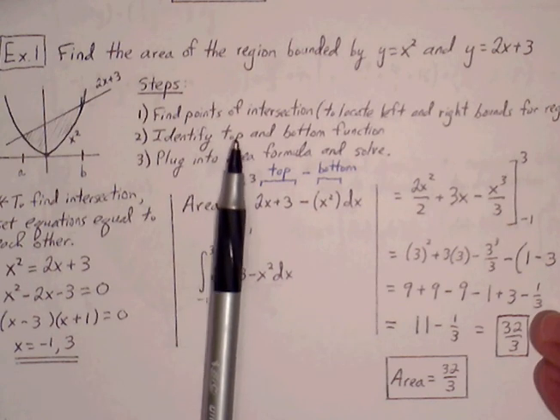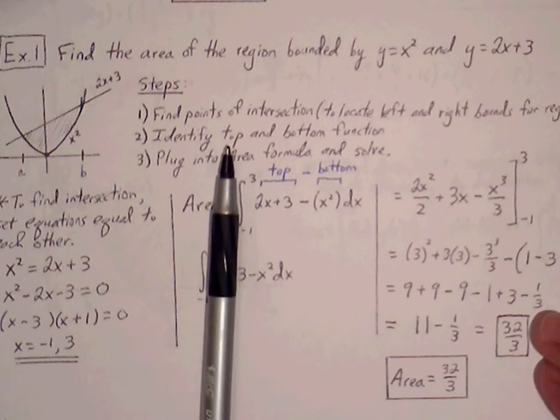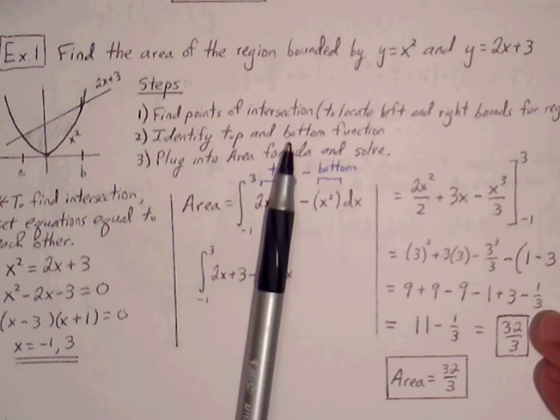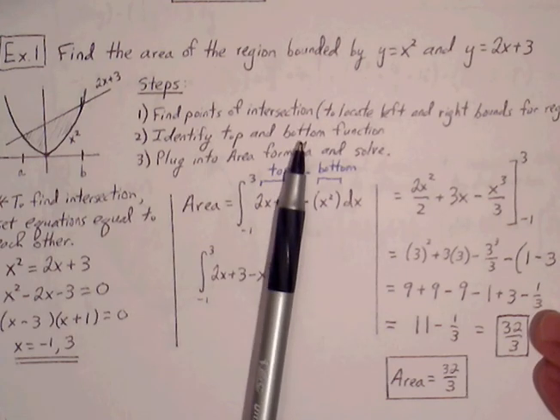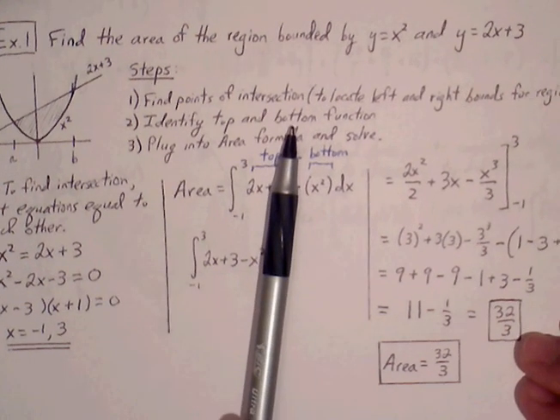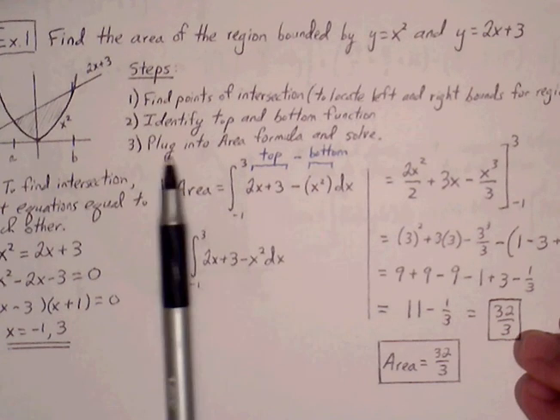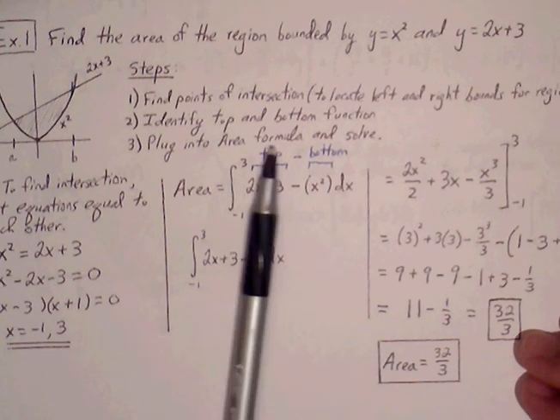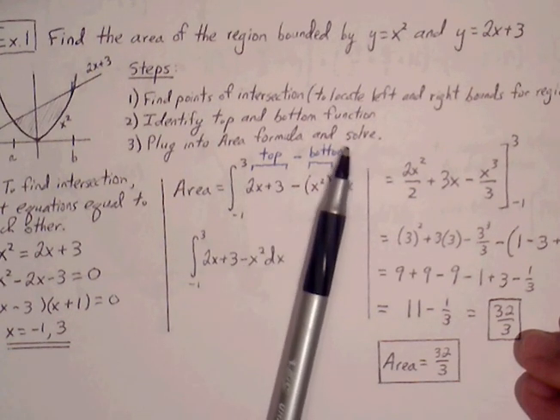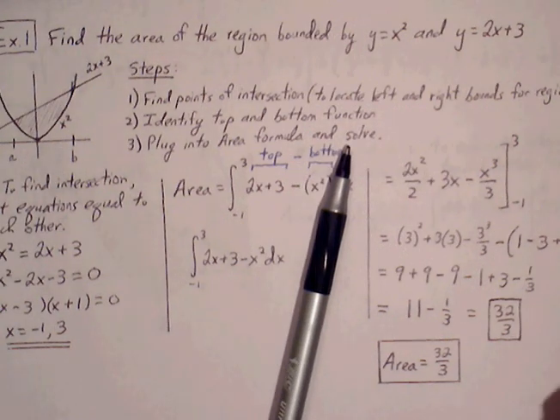So the top function has to be consistent throughout the entire interval, and the bottom function needs to be consistent throughout the entire interval. We'll talk a little bit about that later in the case that they're not. And third, we plug into the area formula and we take the integral and we solve using the methods that we've learned.